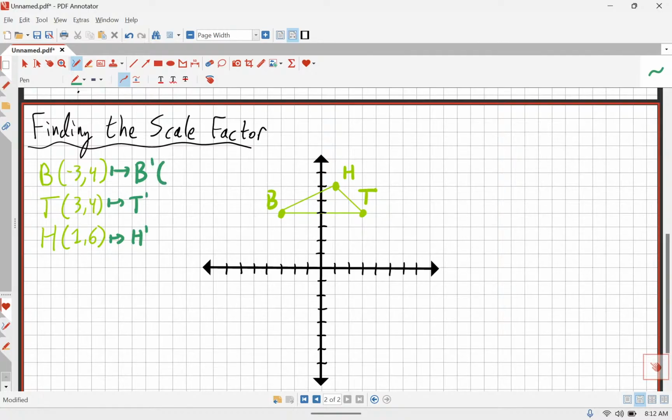B prime is now at -6, 4. T prime is at 3, 4. Or sorry, that was where it was before, wasn't it? Oh no, it is. Yeah, it's in the right spot. And then H prime is at 0, 7.